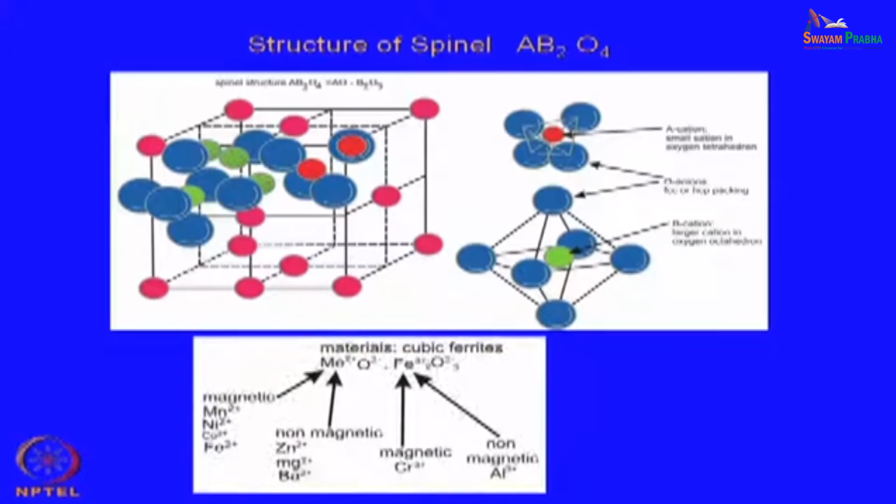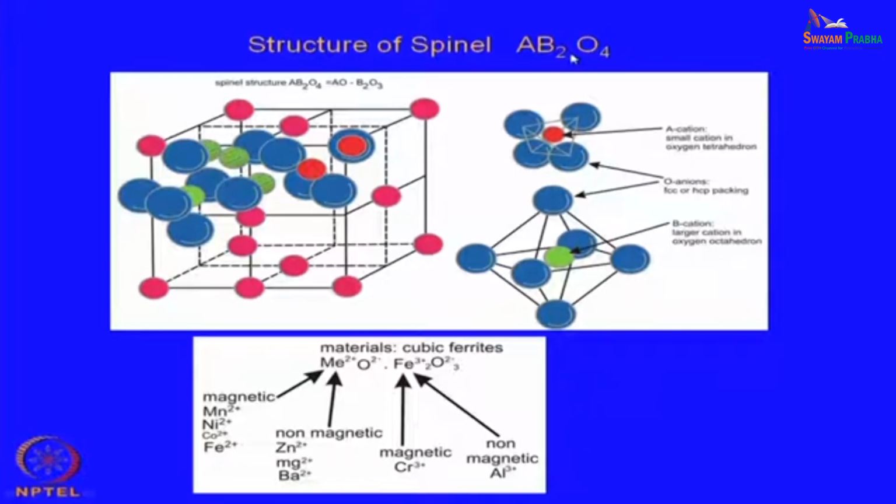Now, the description is like this. These red ones here are A cations, small cations in oxygen tetrahedra. Once again it is a cubic structure in which both tetrahedral sites and octahedral sites are available, and both of them are occupied, may not be fully, but at least to a certain extent.